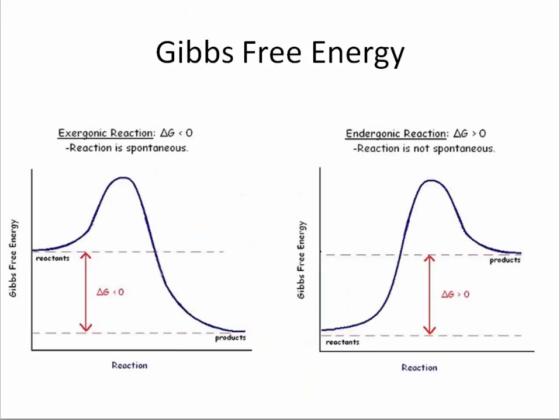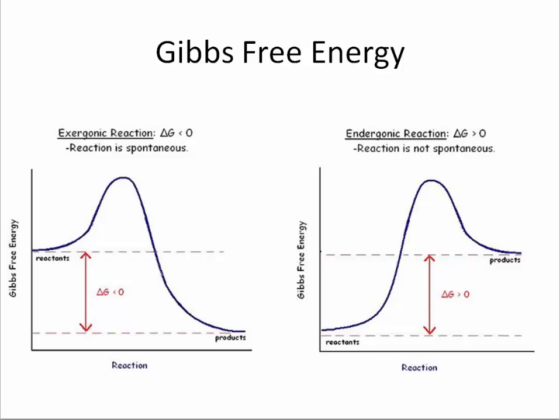Another depiction of the same graph, but in a different way. So on the left-hand side, you see the same idea, we have reactants that are going to form products, and Gibbs free energy is less than 0, and so therefore the product will form and the reaction is spontaneous and it is exergonic.